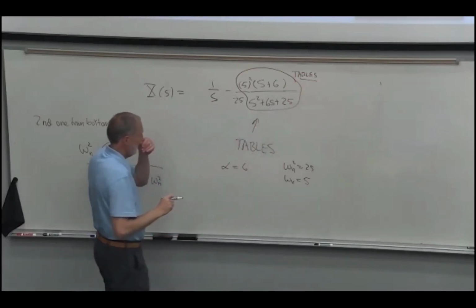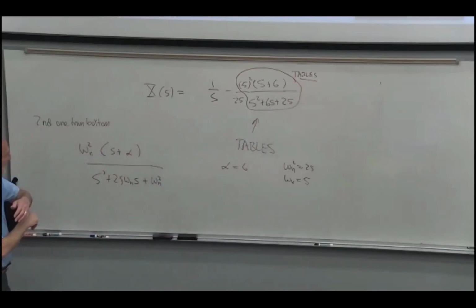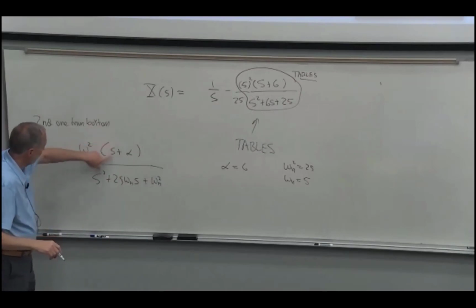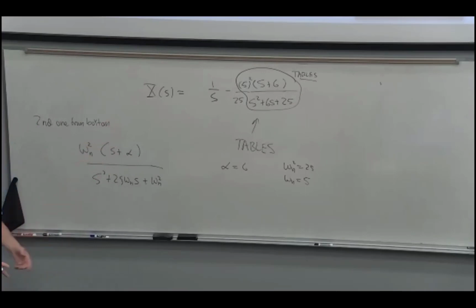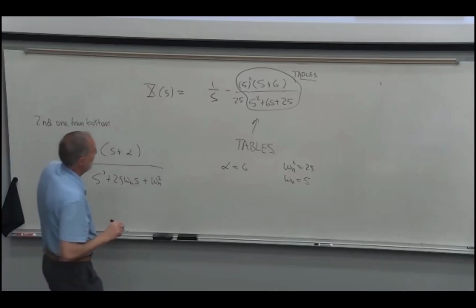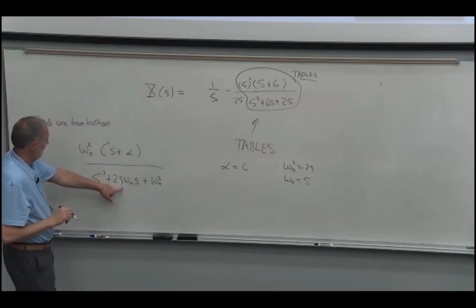And you go, well, that's kind of difficult. Why did they do that? Well, this fits all possible s's and s squareds, and then you just fiddle around with what you have until you match it up, and then the table gives you the answer. That's what you're doing. So that means omega n is 5, and then how do I find this one?